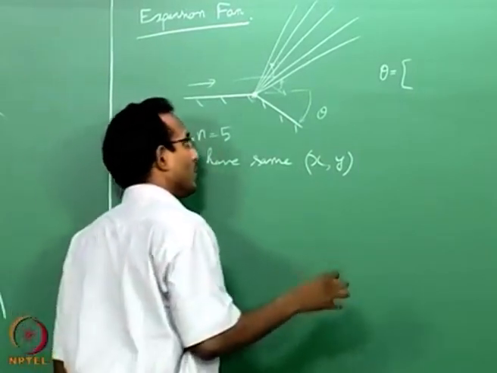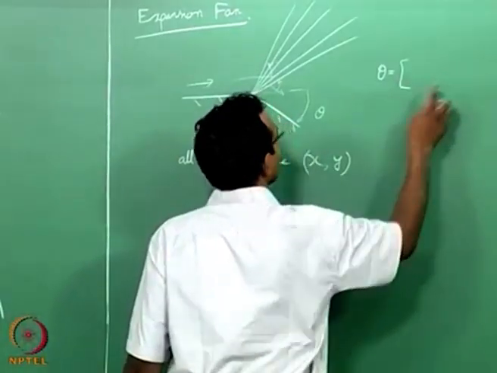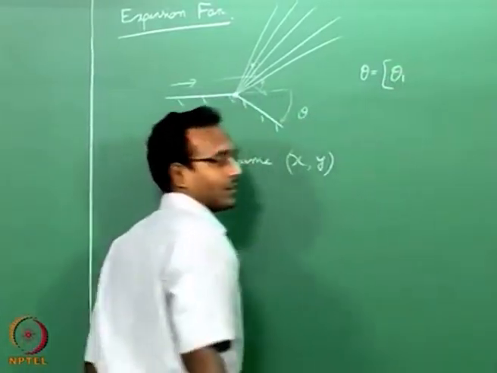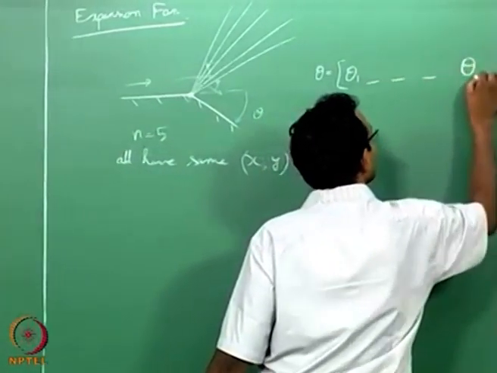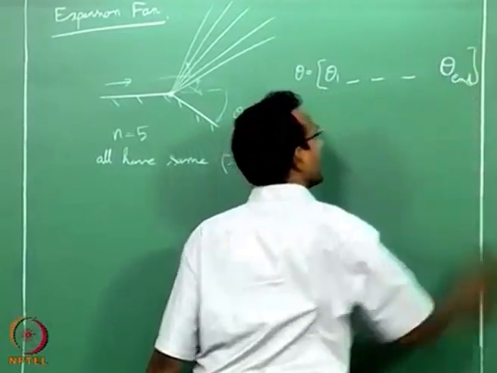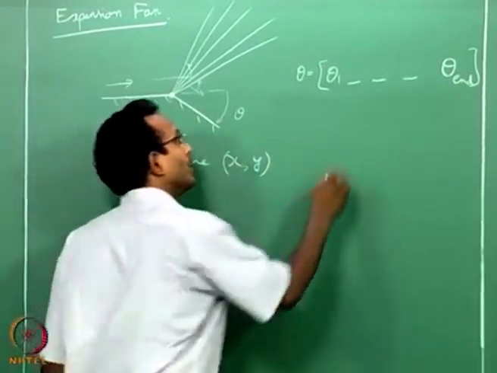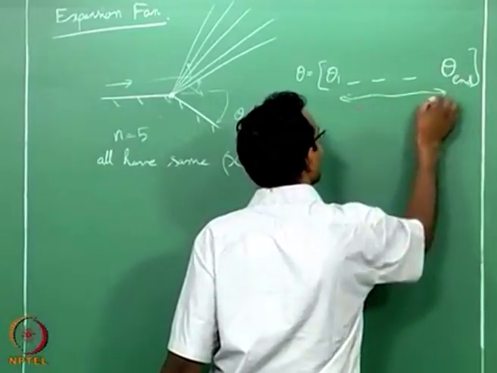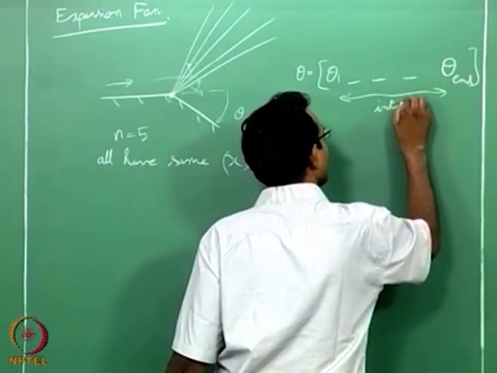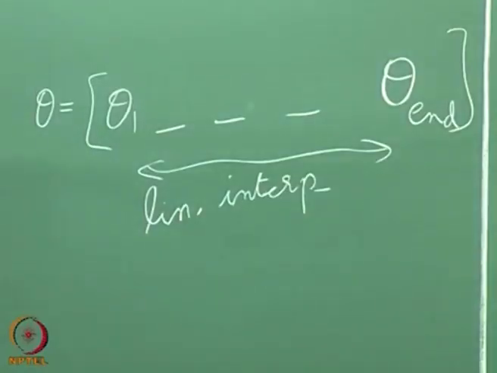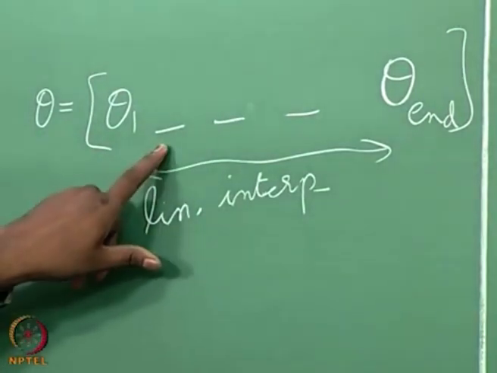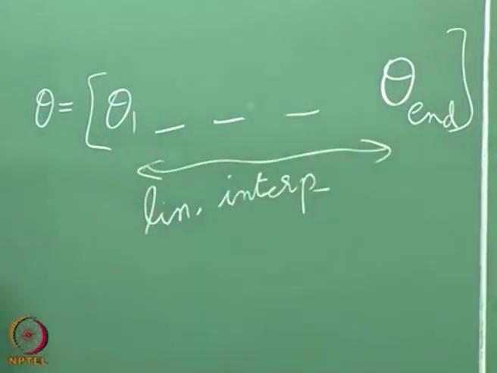Now, how will I create those theta values? First theta value is the same as your theta 1, okay, and last theta value is your theta end. These two are known. Now, what I do is I linearly interpolate inside here. I just do linear interpolation in between these. So, I will typically pick 25%, 50%, 75%, 100% kind of interpolation in there for the n equal to 5 case.